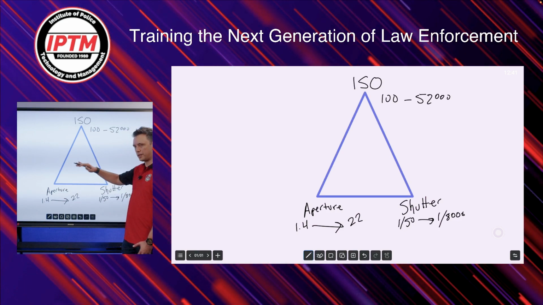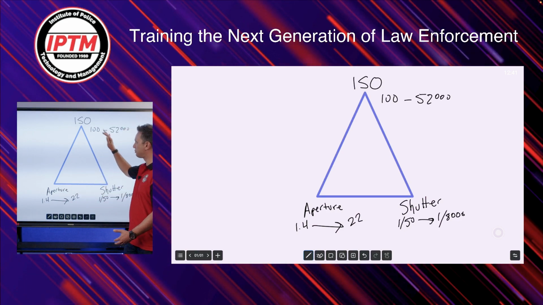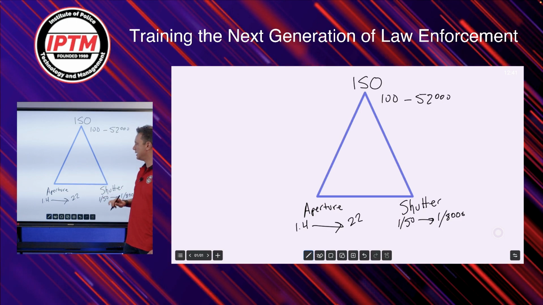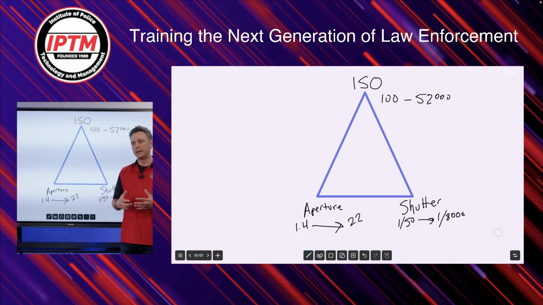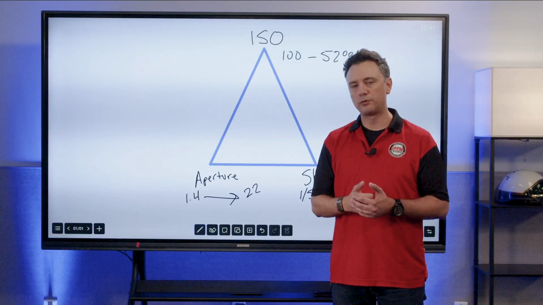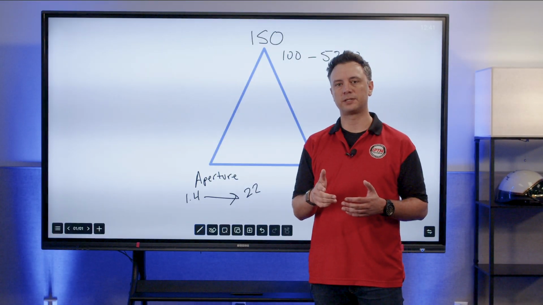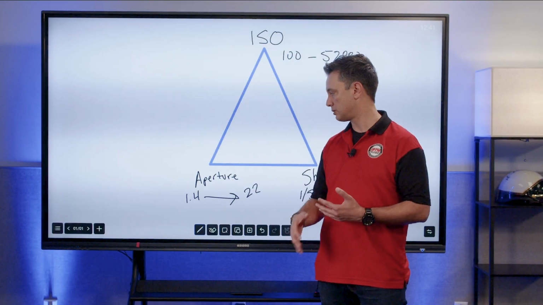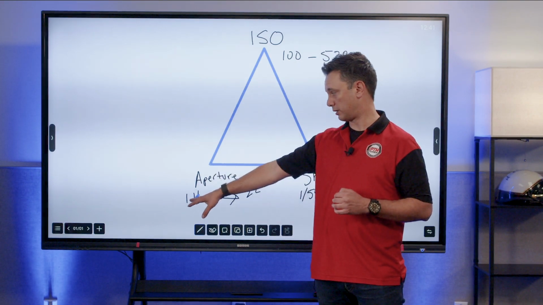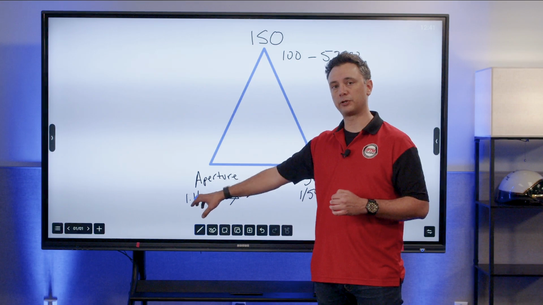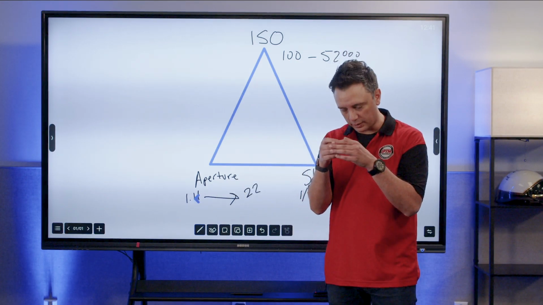So hopefully that all makes sense. That's how all three of these things relate to each other. Keep these things in mind when you go out in the field and focus on what's most important for that particular circumstance. What do you need to use? Maybe you want to use a smaller number aperture so that you can see just a little bit of detail.